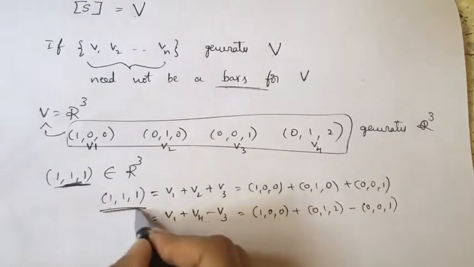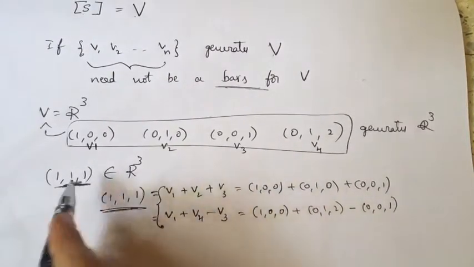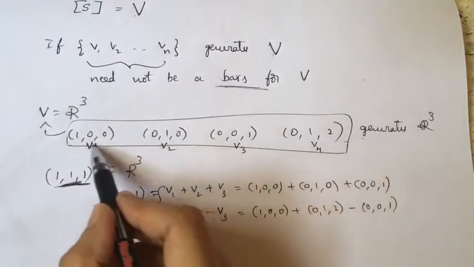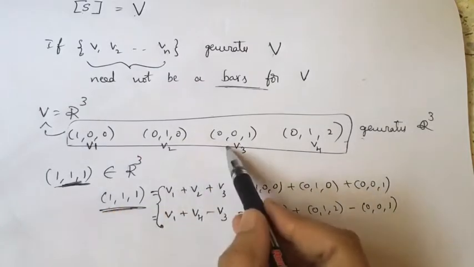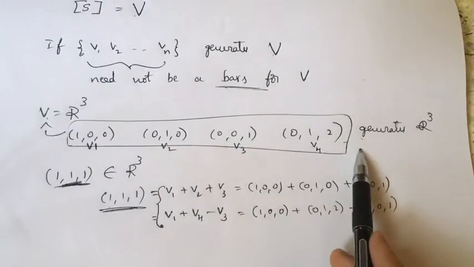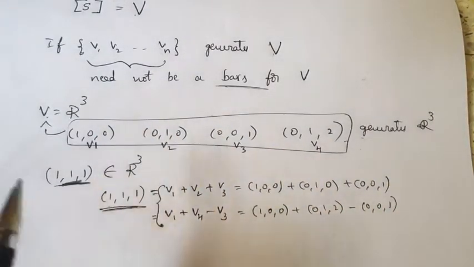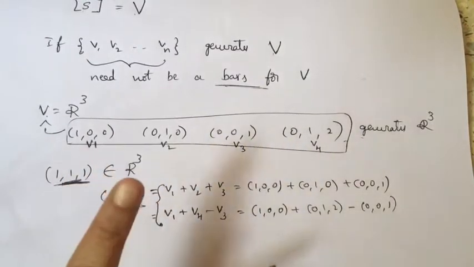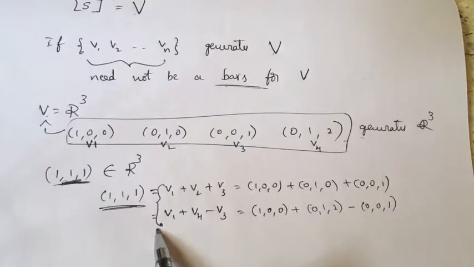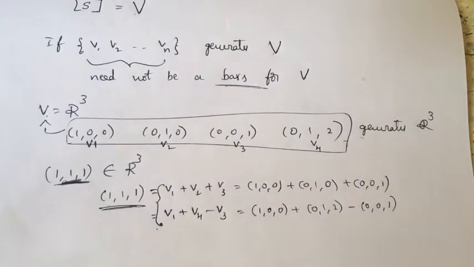So this 1, 1, 1 has got two representations. Therefore, even though the vectors generate the vector space, they do not form a basis for R3. If there exists one such element for which you have more than one representation, then you can say that they do not form a basis.